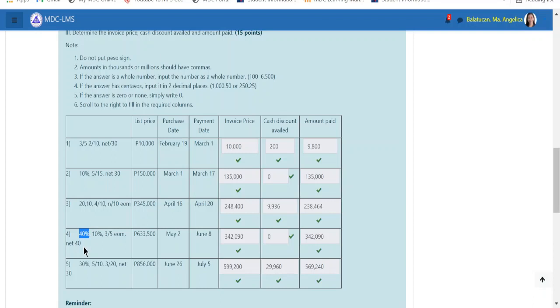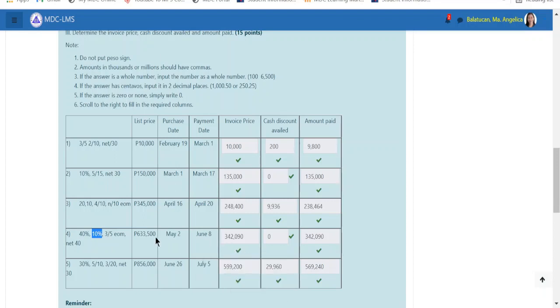So deduct that from 100%, you will get 60% complement. Then, why is it 90%? Because the trade discount is 10%. So deduct from 100%, the remaining amount is 90%. So 633,500 times 0.6 times 0.9 is 342,090 pesos.